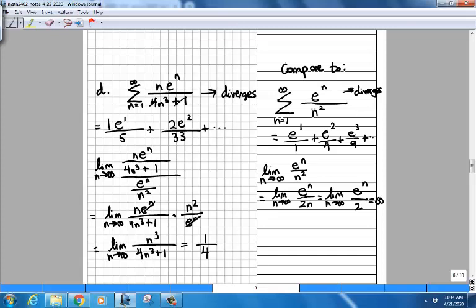All right, so there are 4 examples where the limit comparison test is really helpful to tell if the series converges or diverges. By the way, we didn't see an example, but it could happen where this limit of the quotient of the terms turns out to be 0, or infinity.